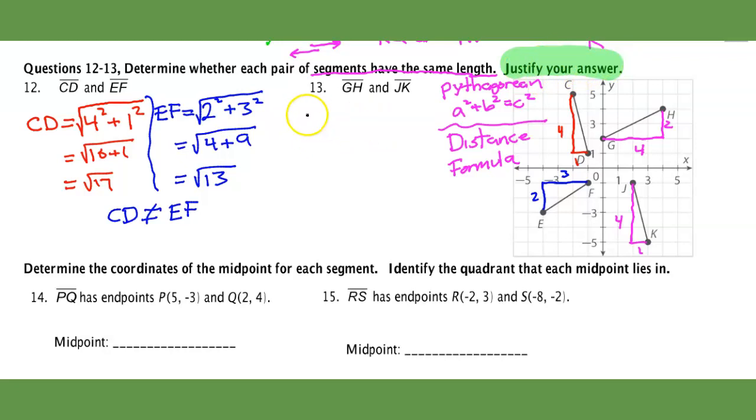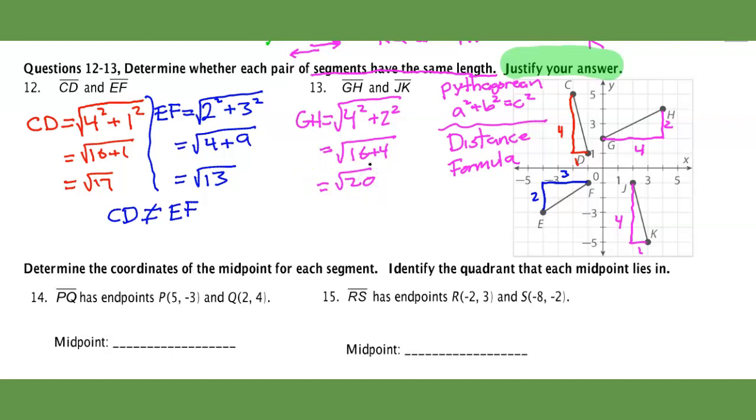So GH is going to be 4 squared plus 2 squared. Let's take the square root. We have 16 plus 4, which equals the square root of 20.